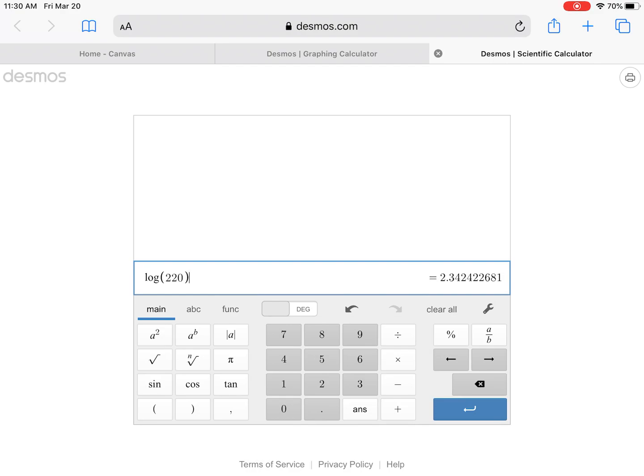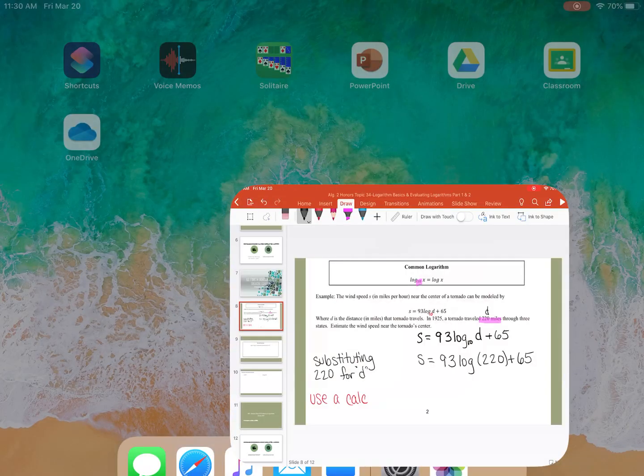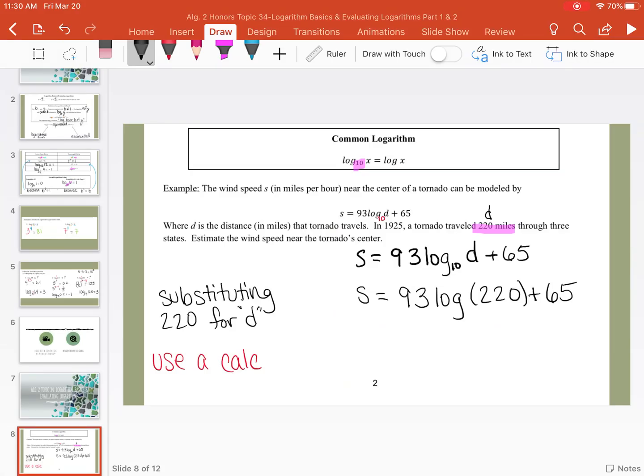So let's just put that to the thousands place. So we'll have S equals 93 times 2.342 plus 65. Now we're going to use order of operations, use PEMDAS to simplify.